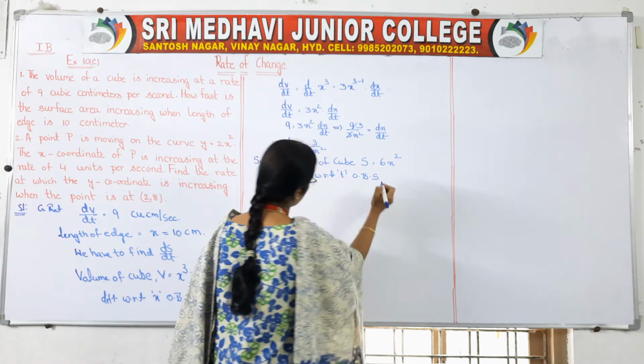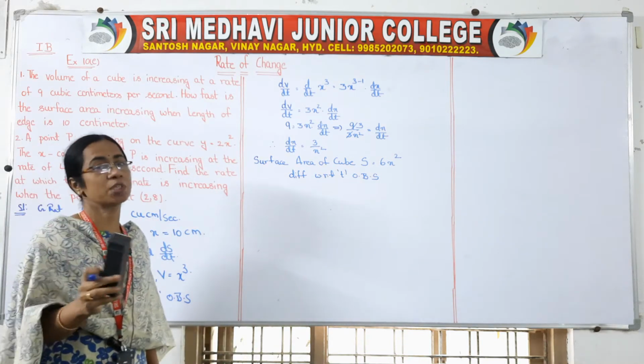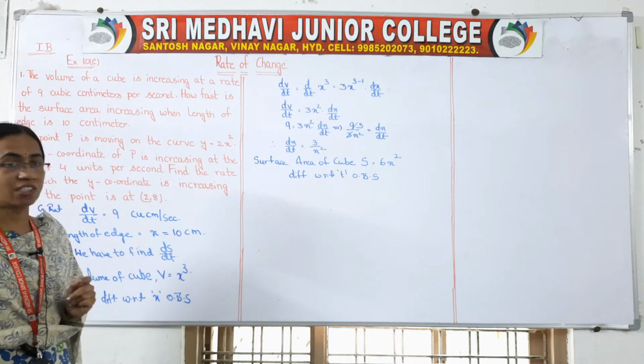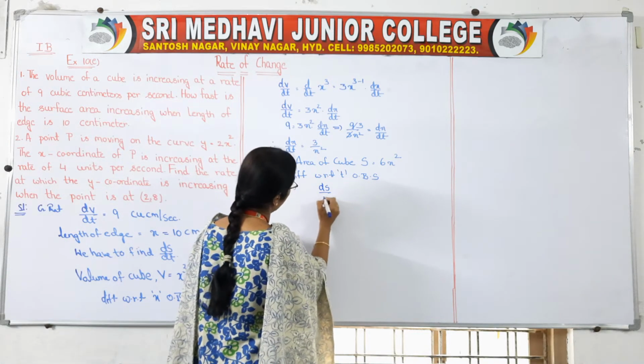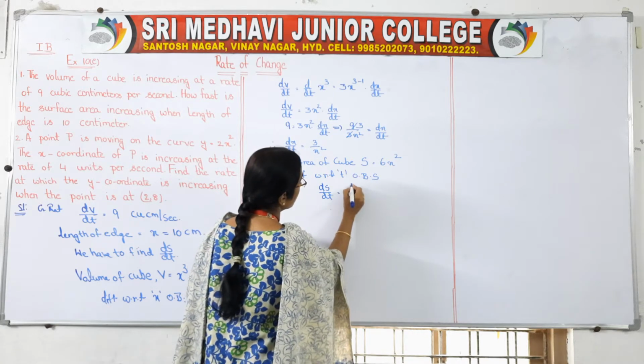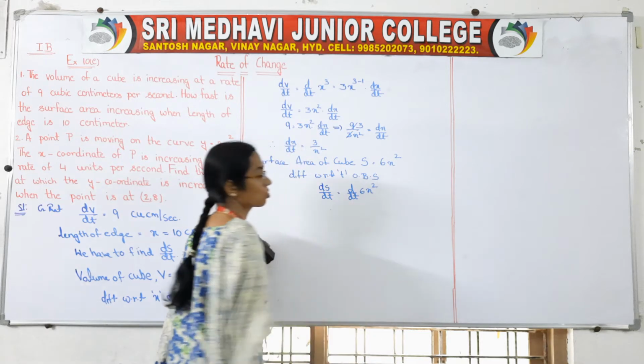Generally it is with respect to x, but we are doing rate of change with respect to time, so the value changes. So dS by dt is equal to d by dt of 6x square.